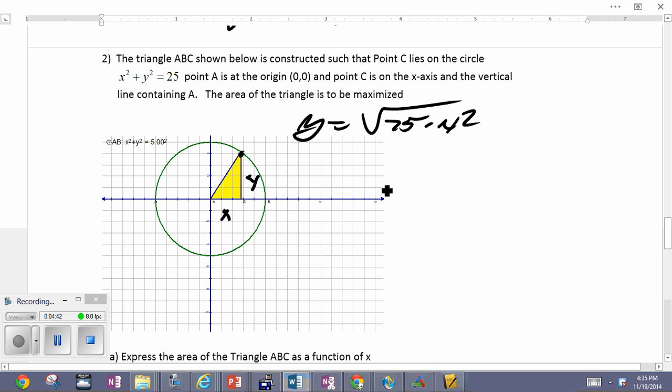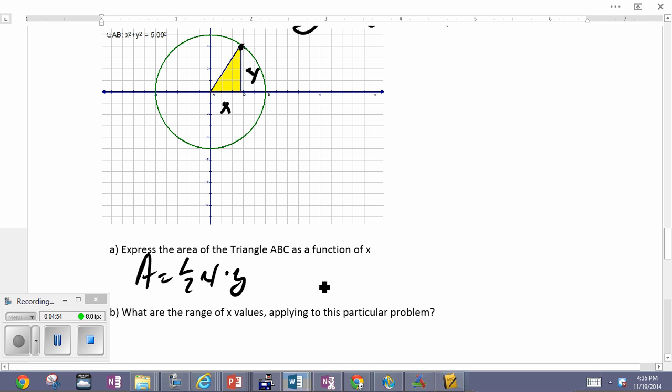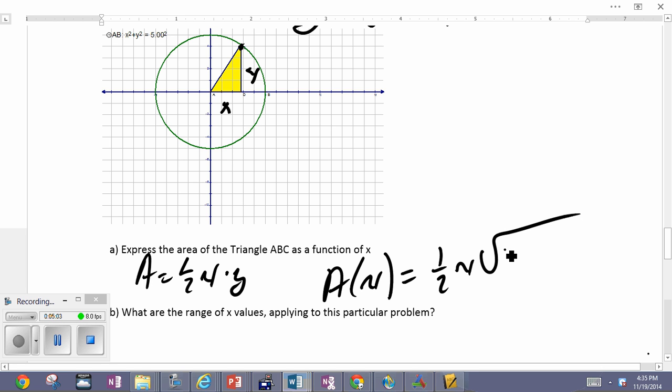The area of a triangle is 1/2 height times base. Area is 1/2 of X times Y, but Y needs to be expressed in terms of X, so the area as a function of X is 1/2 X times the square root of 25 minus X squared.